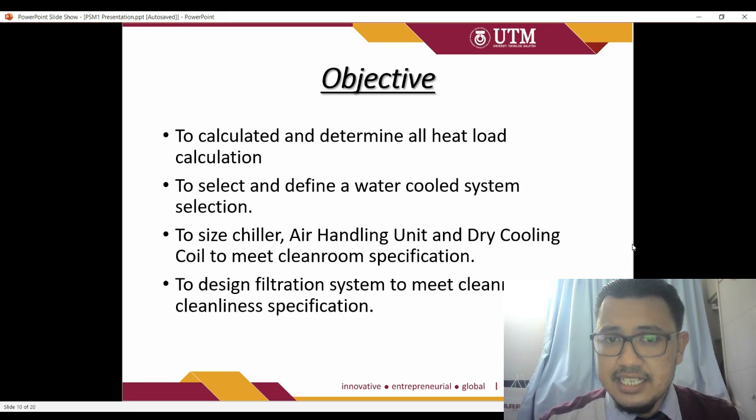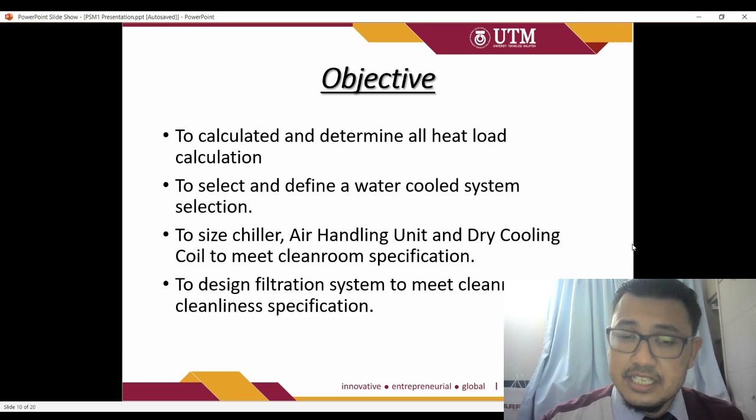Then to select the chiller, AHU air handling unit, and dry cooling coil, DCC, to meet the clean room specification: the clean room temperature, RH, and the dew point, to avoid the machine condensation when shut down or not in use. Then to design a filtration to meet the clean room cleanliness specification.